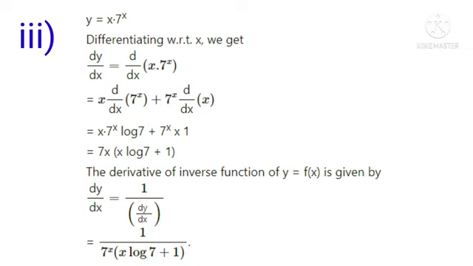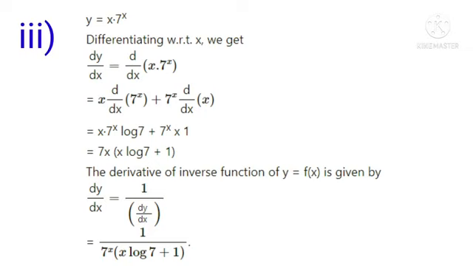So in x and 7 raised to x, which is the first? x. x into derivative of 7 raised to x plus 7 raised to x into derivative of x. x as it is, derivative of a raised to x is a raised to x into log a. Similarly, derivative of 7 raised to x is 7 raised to x into log 7, plus 7 raised to x as it is into derivative of x, which is 1.